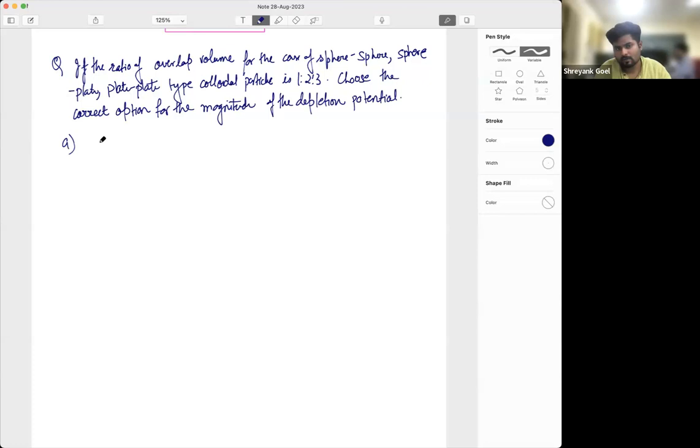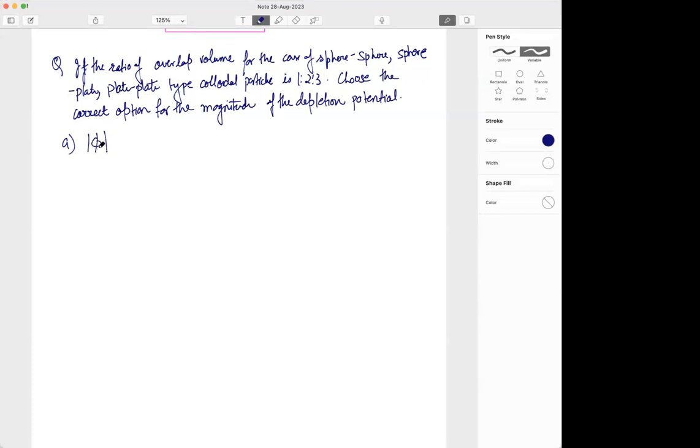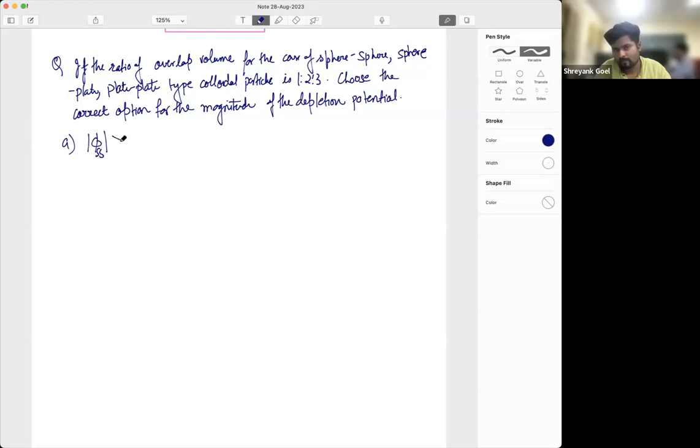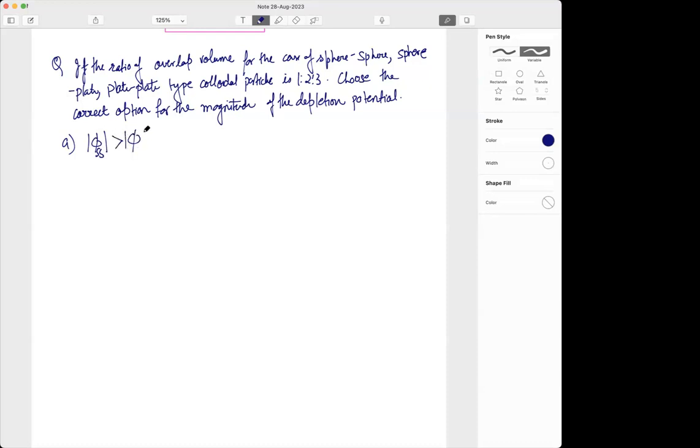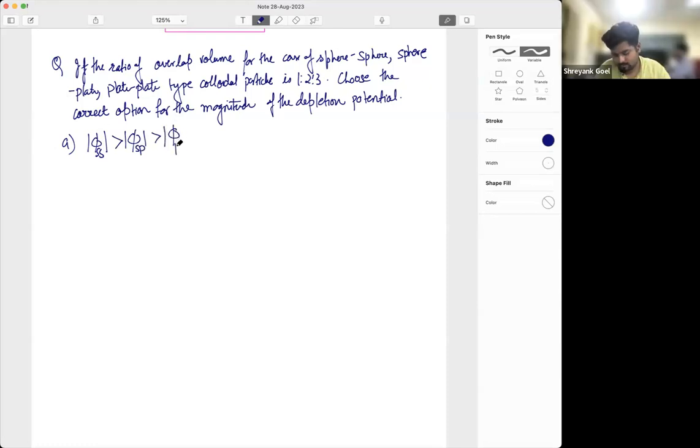Okay, so the options are, where phi is the depletion potential for sphere-sphere, sphere-plate and plate-plate.